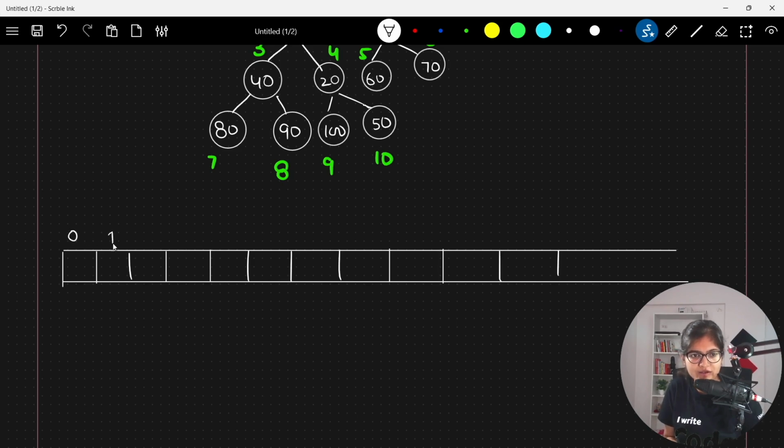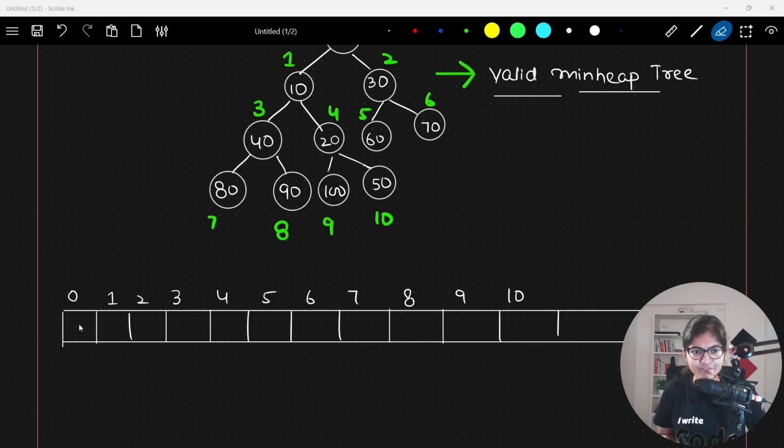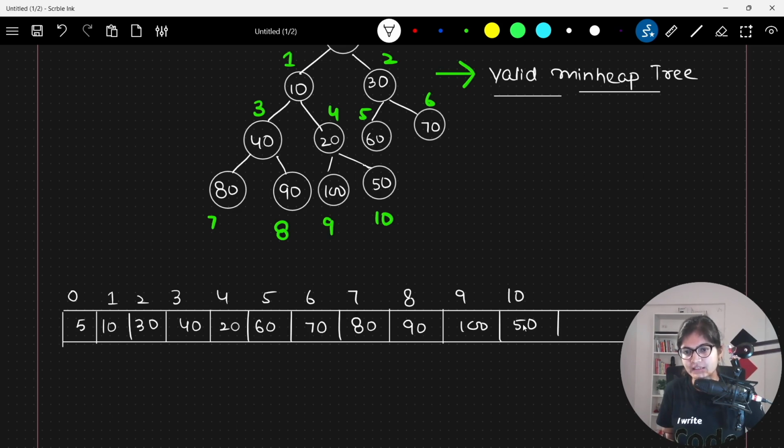It will look like 5 followed by 10, followed by 30, followed by 40, followed by 20, followed by 60, followed by 70, followed by 80, 90, 100 and 50.